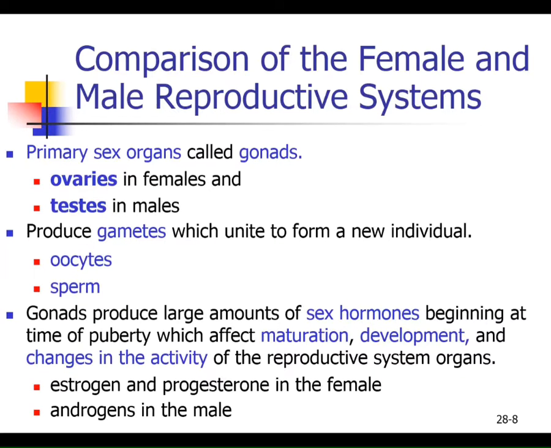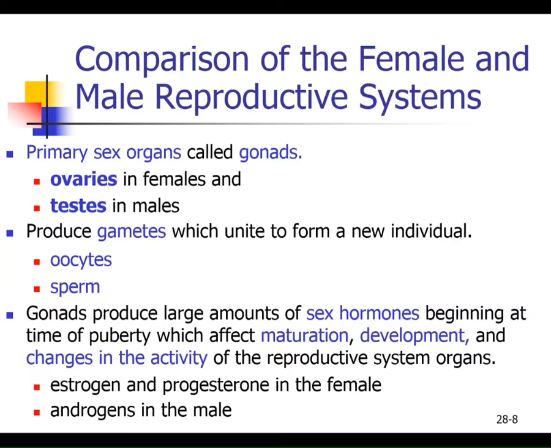In the gonads are where the gametes are produced. Okay, so the egg or the sperm are produced in the gonads. And again, this is producing sex hormones as well as the egg or the sperm. And you've heard of these hormones. The ovary is primarily producing estrogen and progesterone, and the male is primarily producing a series of hormones called androgens, the most familiar of which is testosterone.